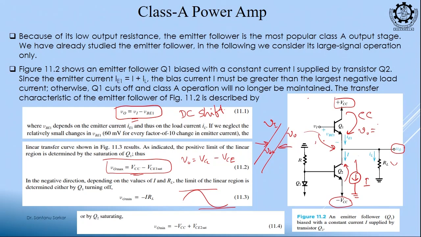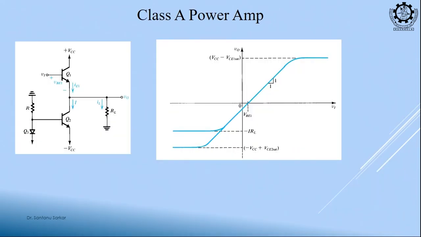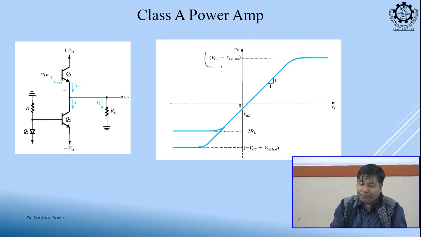You have to give this VCE drop, then you can reach this. So, if you do the KVL from this loop, it will be minus VCC plus VCE saturation. Clear? So, this way we can define the maximum value and the minimum value.